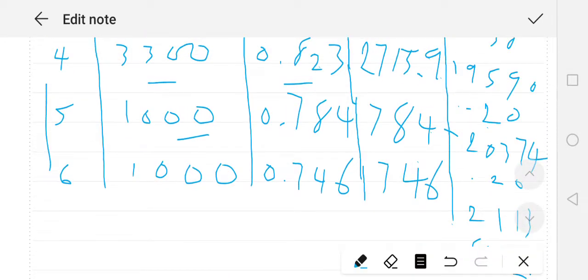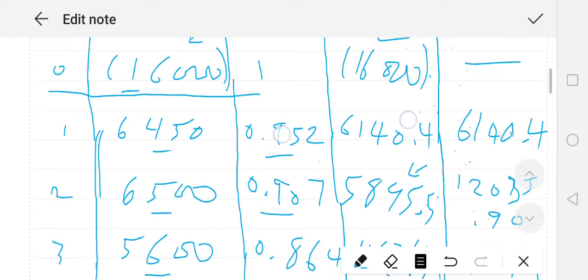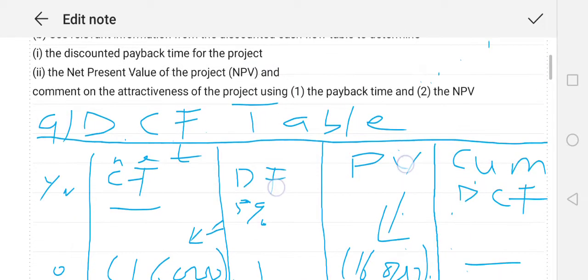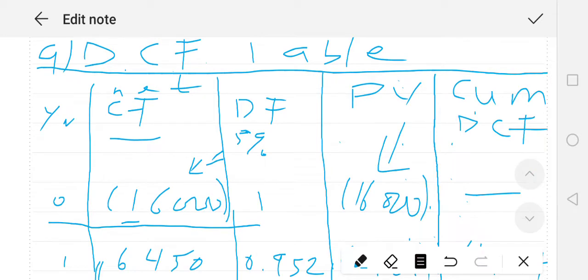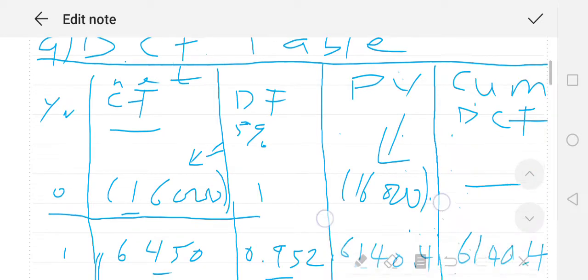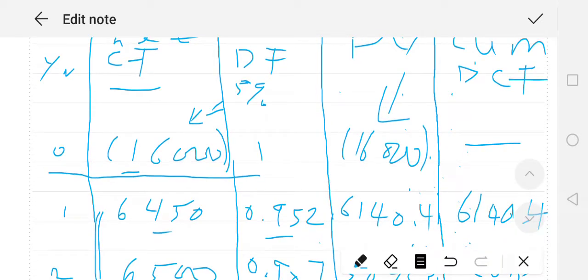So basically this is the discounted cash flow table. You have the years, then you have the net cash flow. If you have inflows and outflows, they cancel off each other, so we have the net shown there. Then we have the discount factor, using a rate of 5%.